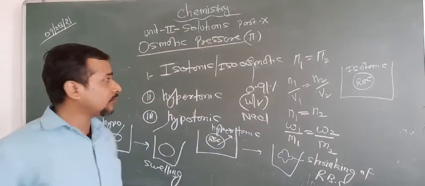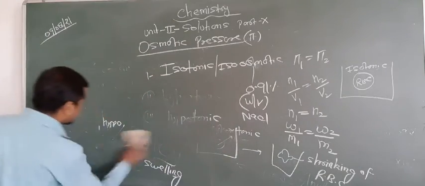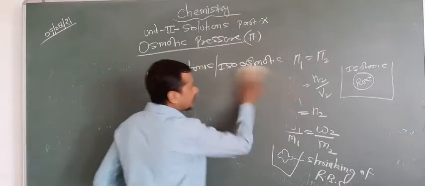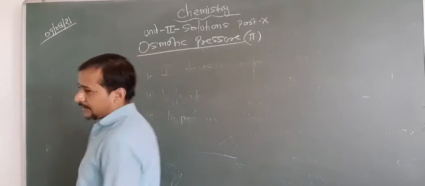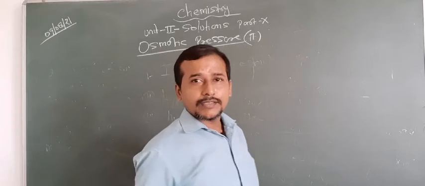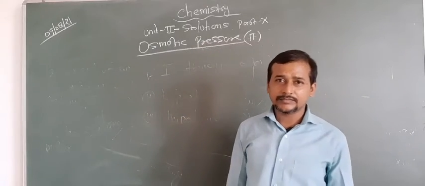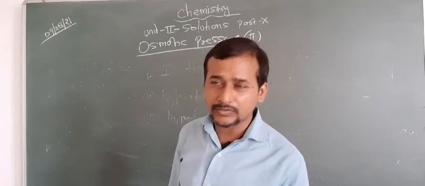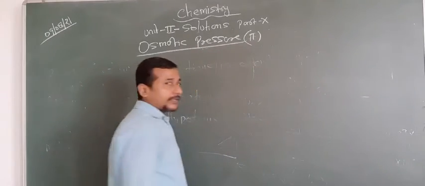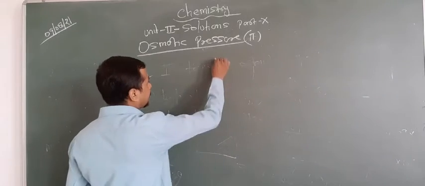Now the last point you have to know is reverse osmosis. RO, you have heard so many times, like the water guard, that is Aquaguard or water purifiers which we have in the houses. They always have the RO system. So RO system is reverse osmosis. Now what happens here?